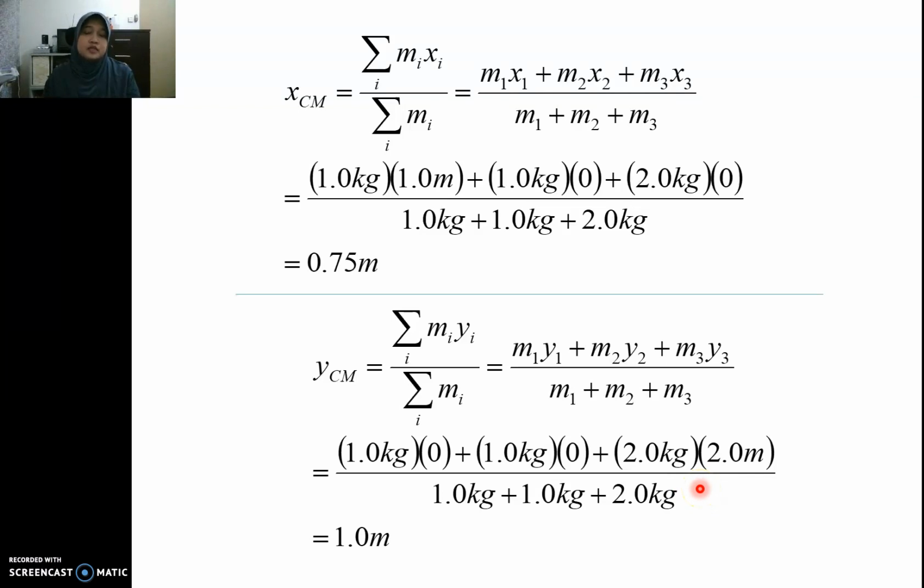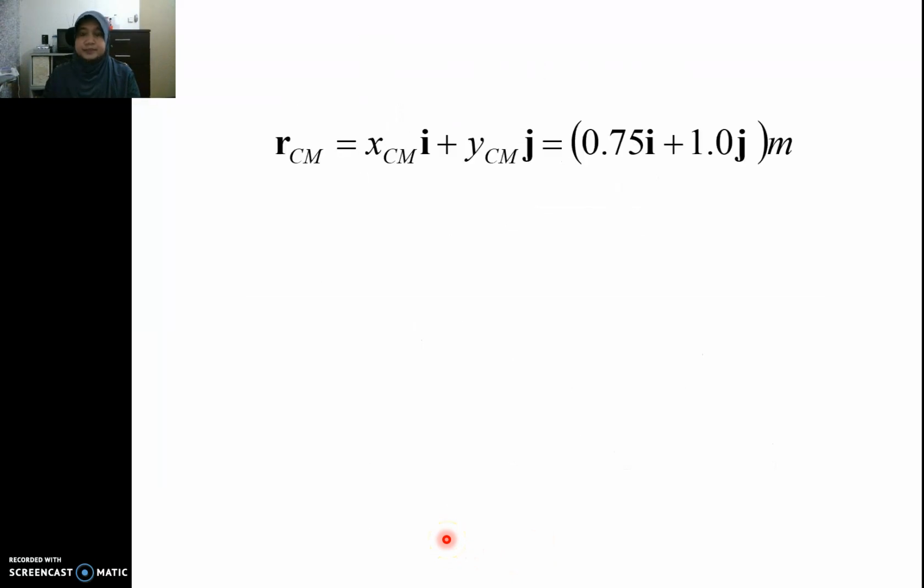So for the center of mass in the y coordinate, we get 1 meter. In vector position, we can write rcm equals xcm i plus ycm j, which equals 0.75 i plus 1 j meter. That is if we only have 3 particles in the system.